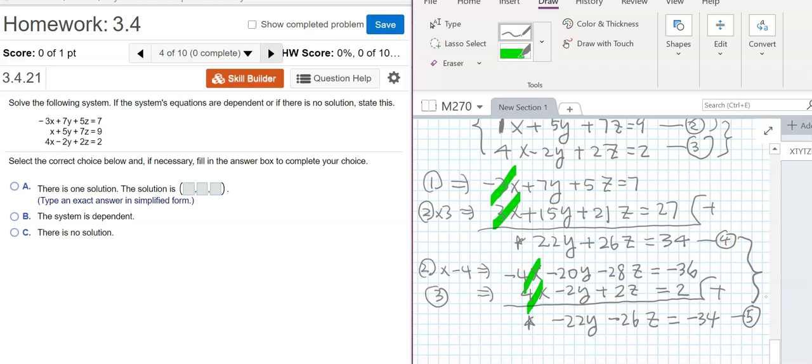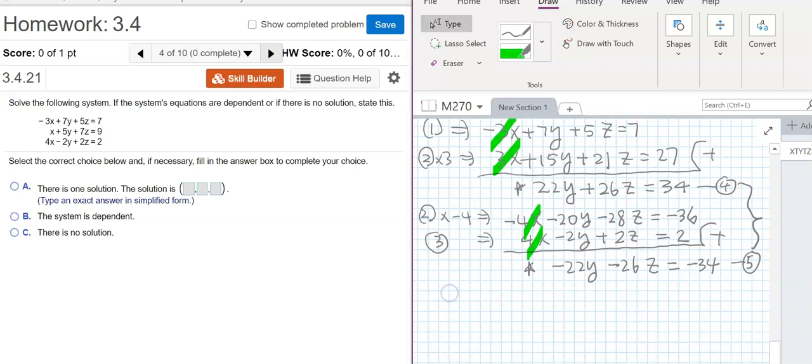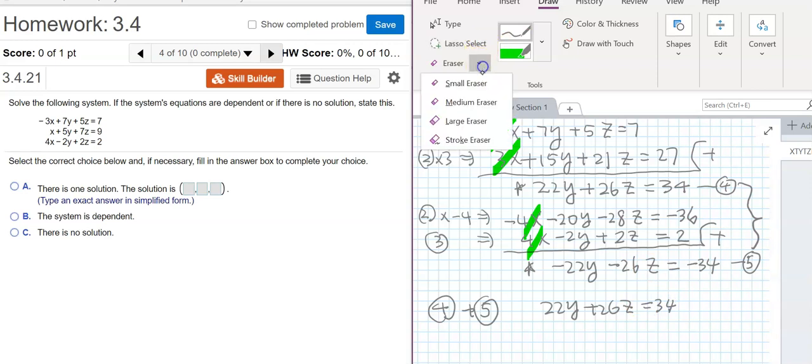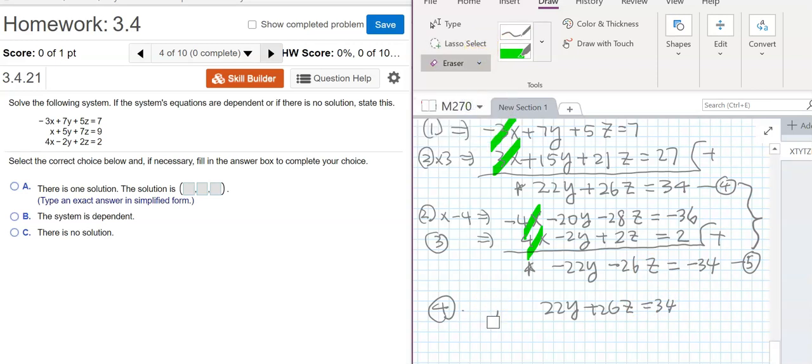They only have y and z. If I add 4 plus 5, what do I cancel? Equation 4 is 22y plus 26z equals 34, as you can see. I'm just copying it. And equation 5, if I copy it, is negative 22y minus 26z equals negative 34.